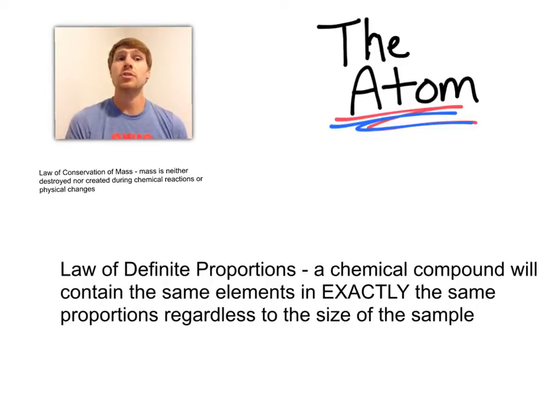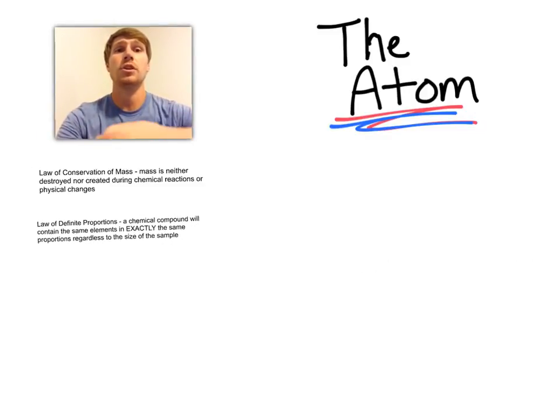When you're looking at the sugar, that compound will have exactly the same number of atoms of each type of element. Sucrose, which is just a simple sugar, will have 6 carbon atoms, 12 hydrogen atoms, and 6 oxygen atoms. Well, it's always going to be that 1 to 2 to 1, right? 6 to 12 to 6 would be 1 to 2 to 1. It's going to have that exact same ratio regardless of how big the sugar sample is, okay? It could be a really large sample or a really small sample, but they're always going to have that same ratio.